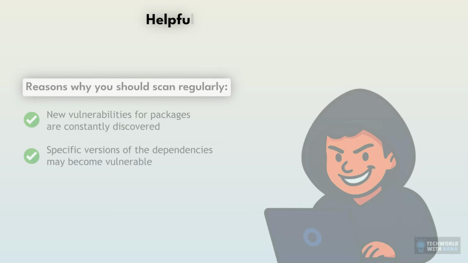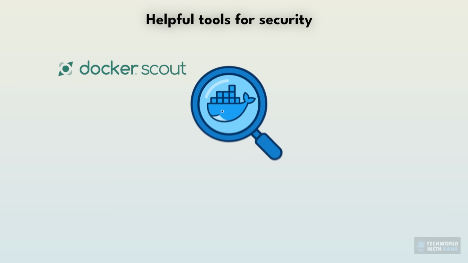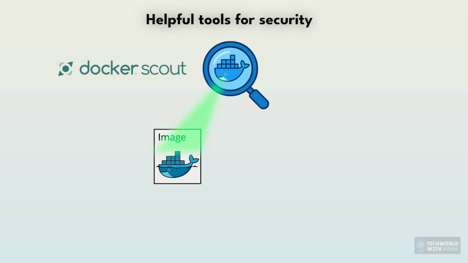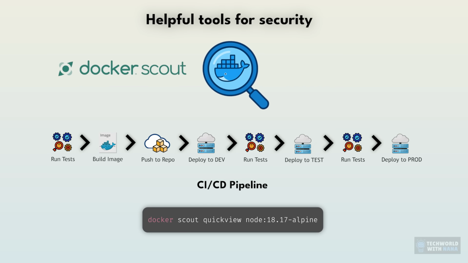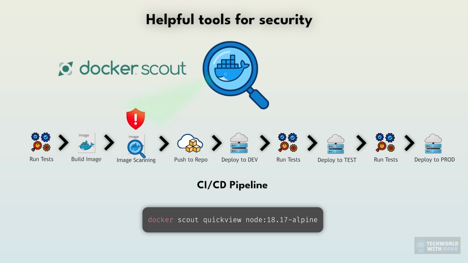And there are tools like Docker Scout that can check your images against a constantly updated database of known security issues. And it's as simple as running the Docker Scout command. And you can do this image security scan in your CI/CD pipeline as well when building images, so that you can catch any security issues before they reach production.